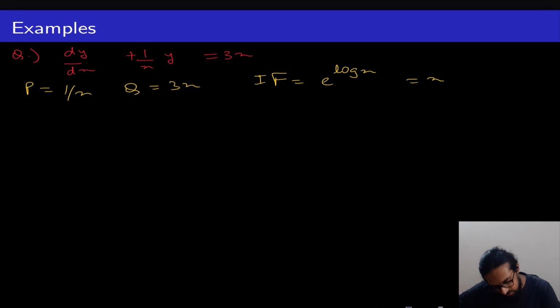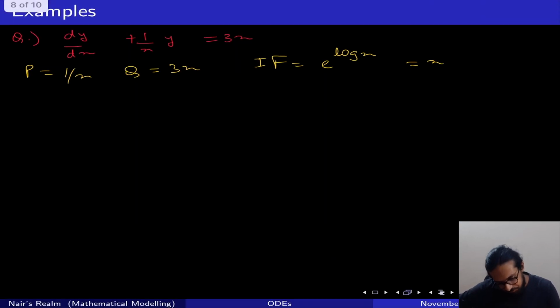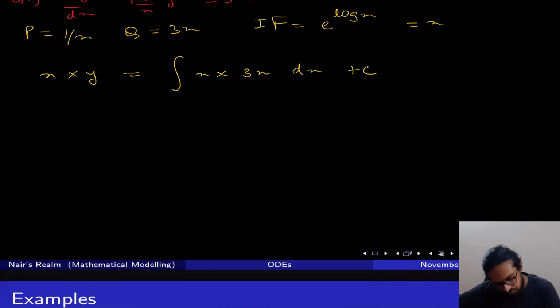So we can see that from the above, if I were to do it, I would see that x times y is equal to the integral of x into 3x dx plus c.